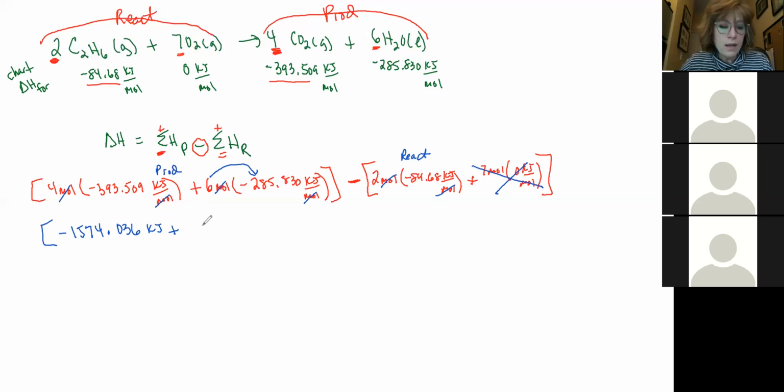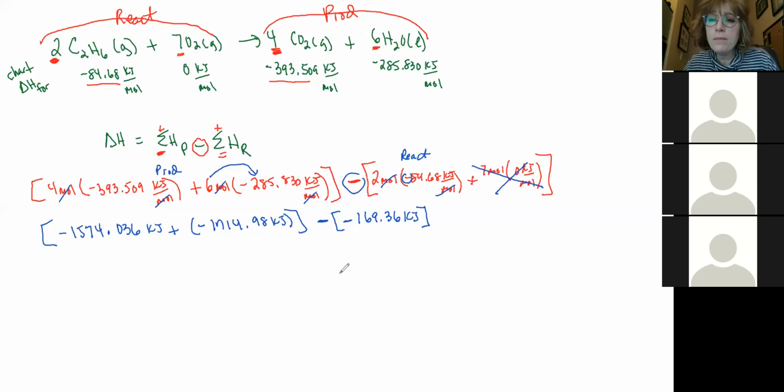So plus, let's go negative 1714.98 kilojoules. And then we got to put the minus sign between the two sides. Minus 2 times this, 2 times 84.68, but it's negative. Negative, because of that, see? Negative 169.36 kilojoules. All right, you follow me so far, guys?